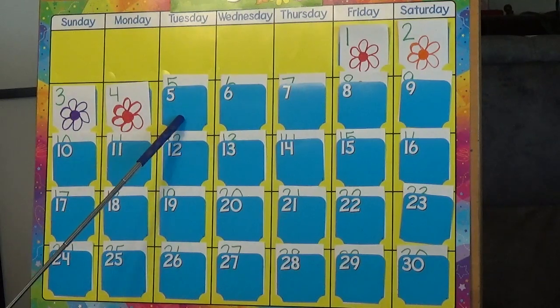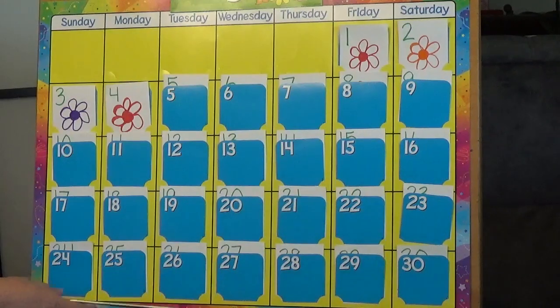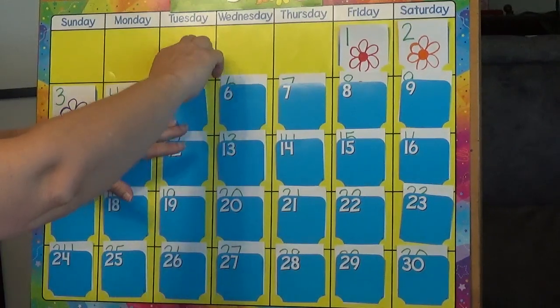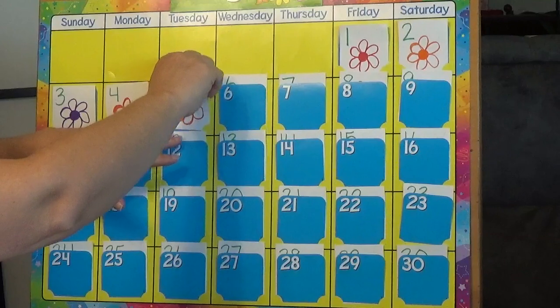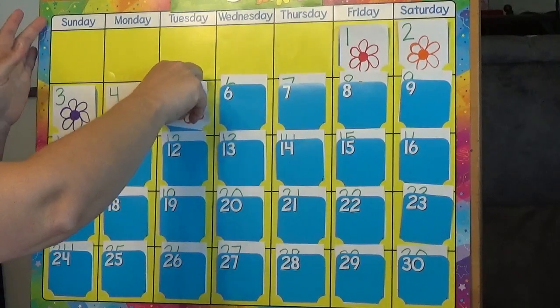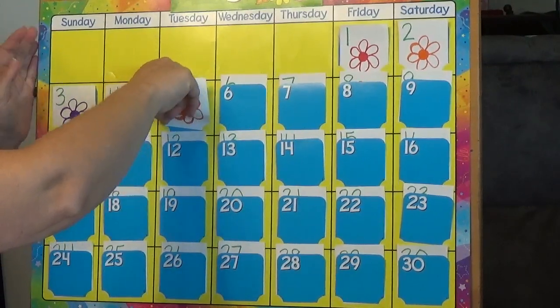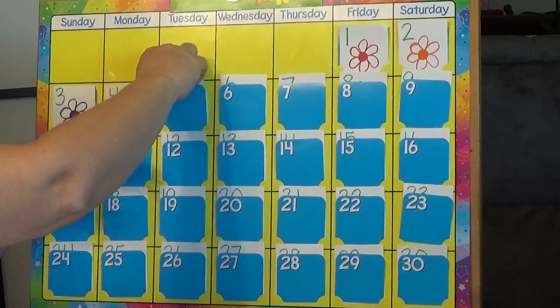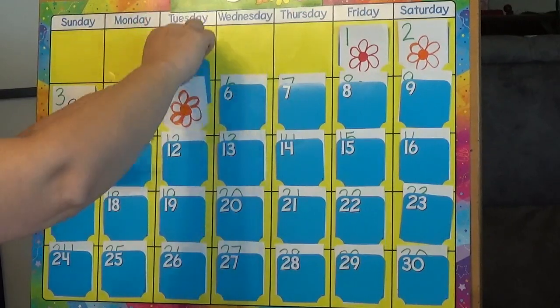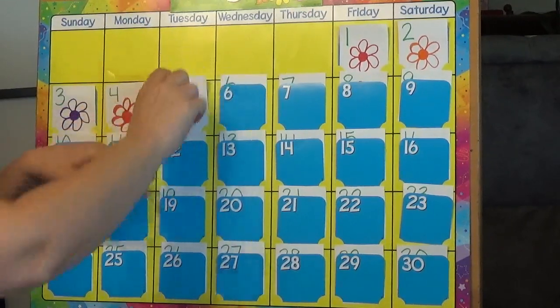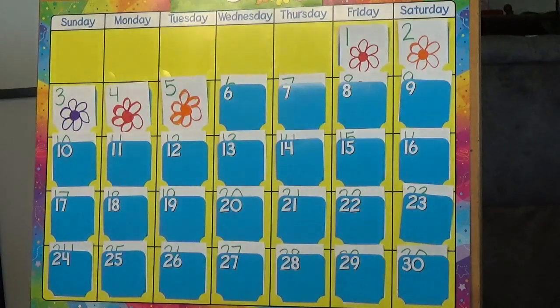Red. All right, let's see what it is. Did you guess orange? It's fighting with me. Hold on, I did it the wrong way. Big deal, little deal. Did you guess orange? Silent cheer. If you didn't, silent bummer.